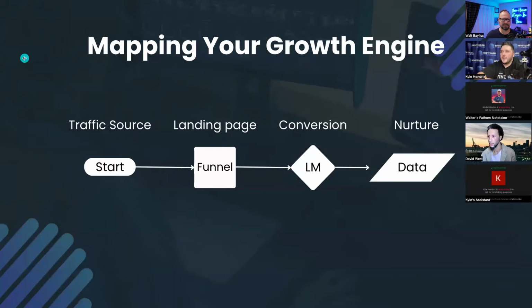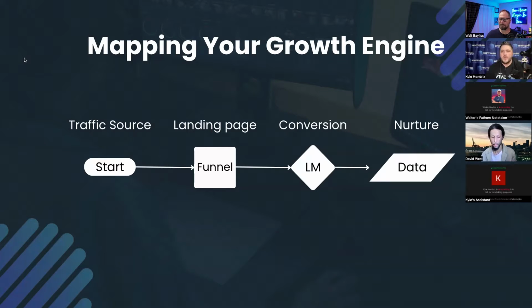So mapping your growth engine. This doesn't have to be some crazy mission impossible map of how you're going to solve the problem of generating customers, getting traffic, converting them, nurturing them, supporting them. It can be as simple as here's what we use to drive traffic. Here's the funnel that they go to. Here's the conversion points.